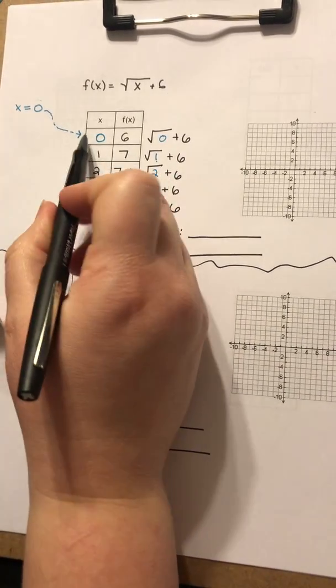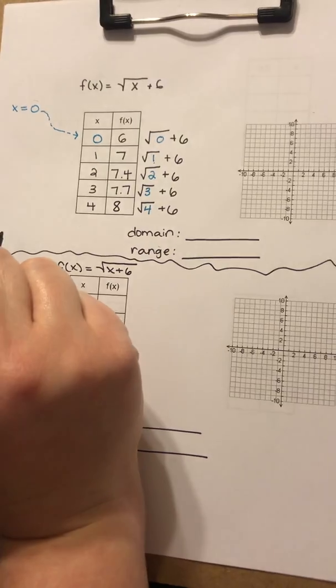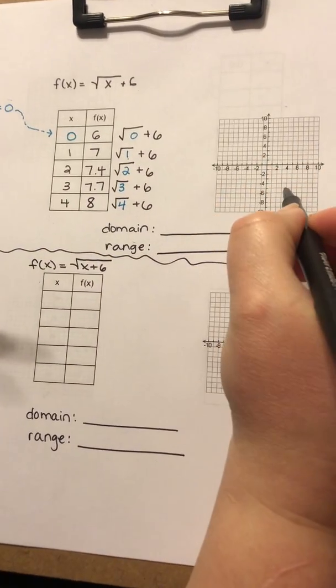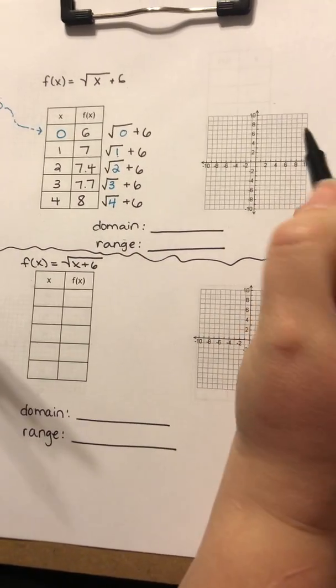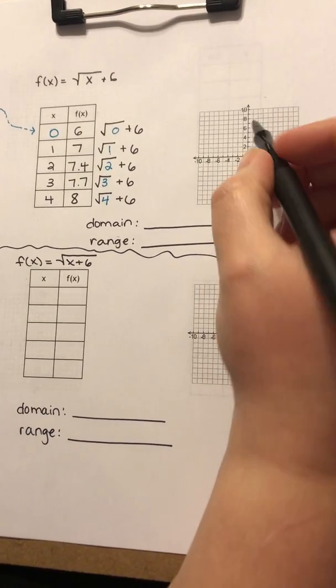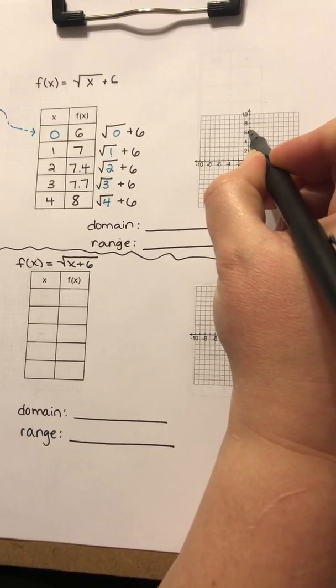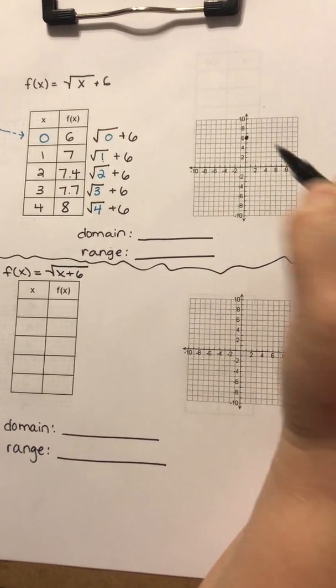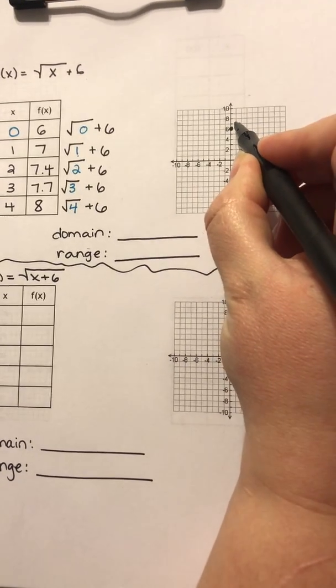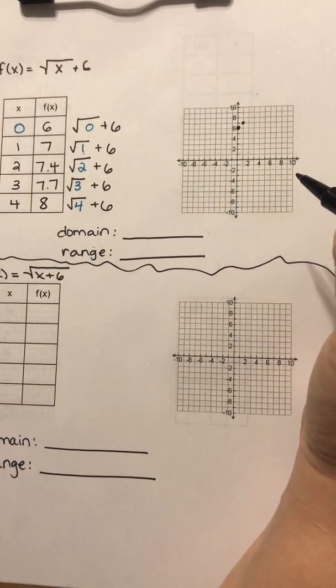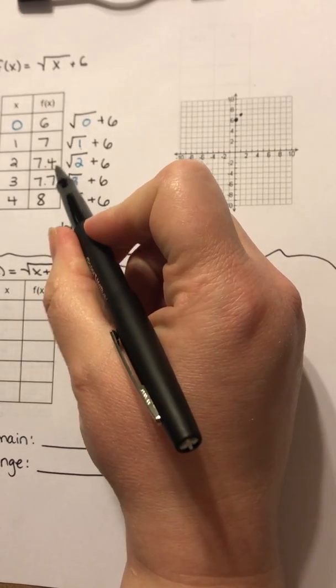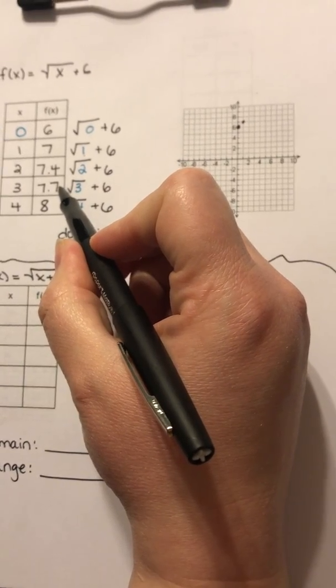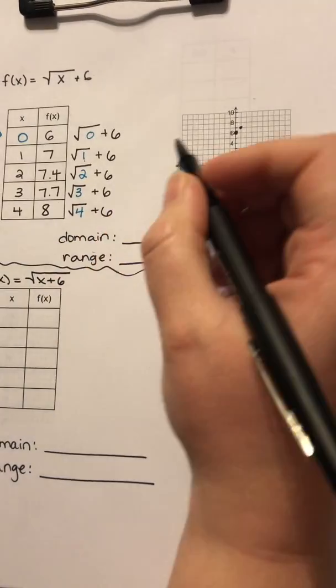So now we're going to take these 5 points that we've just calculated and graph them on our coordinate plane. So 0, 6 is right here on the y-axis. 1, 7 is way up here. And then now we're going to do these two decimal values, and with the decimals, just get as accurate as you can.